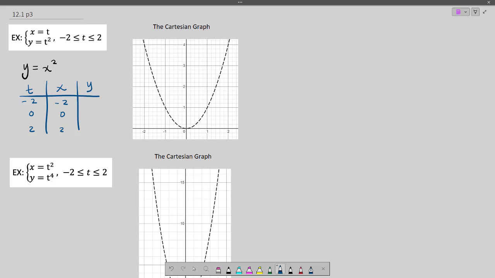And then we square all those. So we got 4, 0, 4. Now we come over to our graph, and when t is -2, we are right here. There's t equals -2. T equals +2 is right here. So we already know that the orientation is this way. And then we plug in that middle point just to double check everything. So there we are. Our parametric curve is going to be this portion of the parabola.